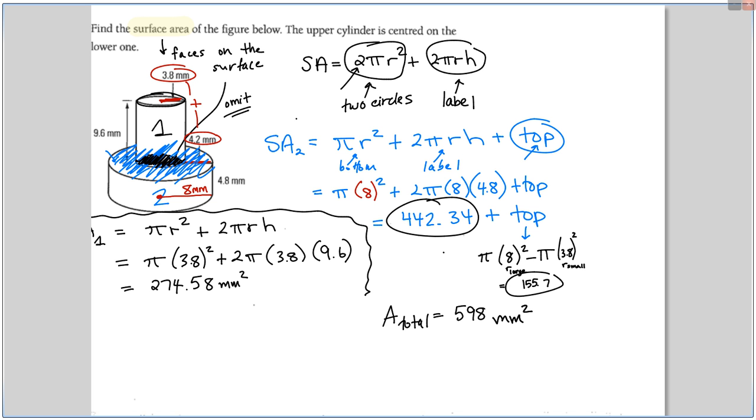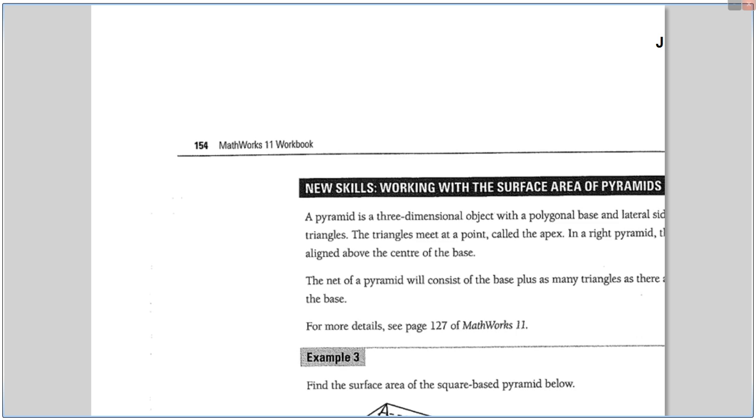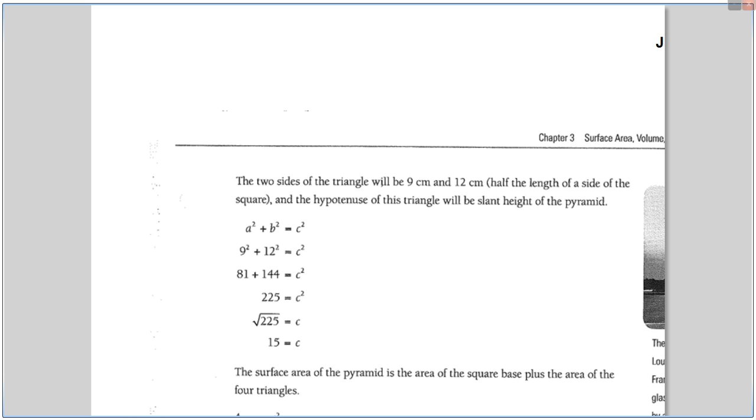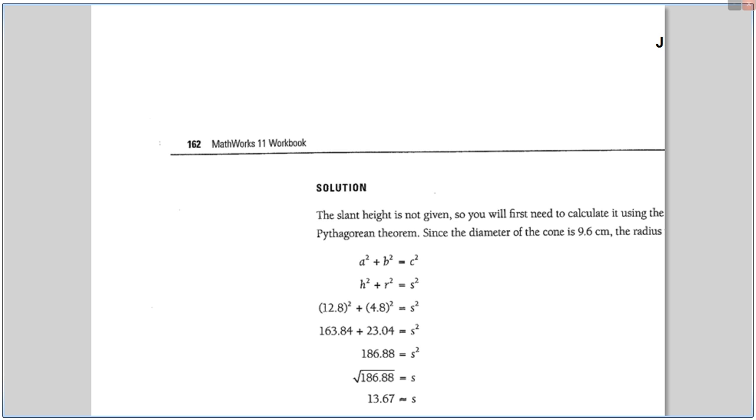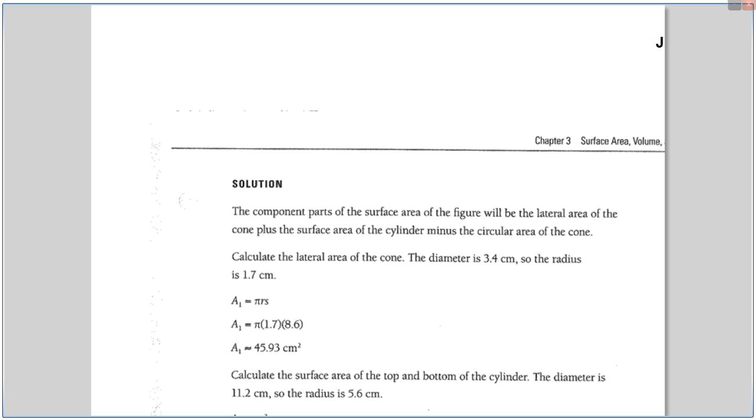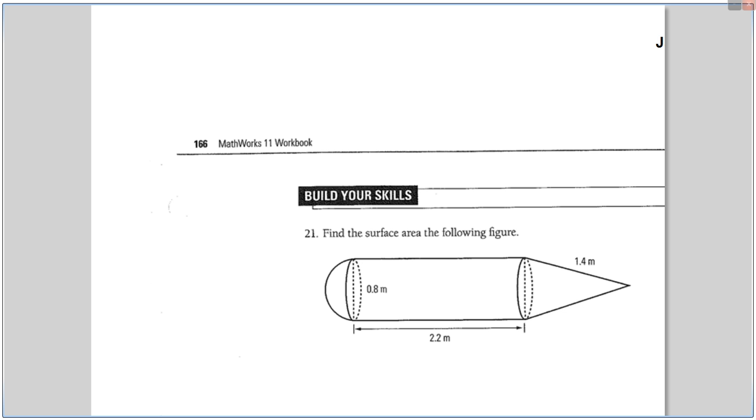Alright, so let's flip ahead to the first part of the homework. And let's try that question right now. So number 1 on page 167. Just got one question for you to do here. We're not skipping the book.